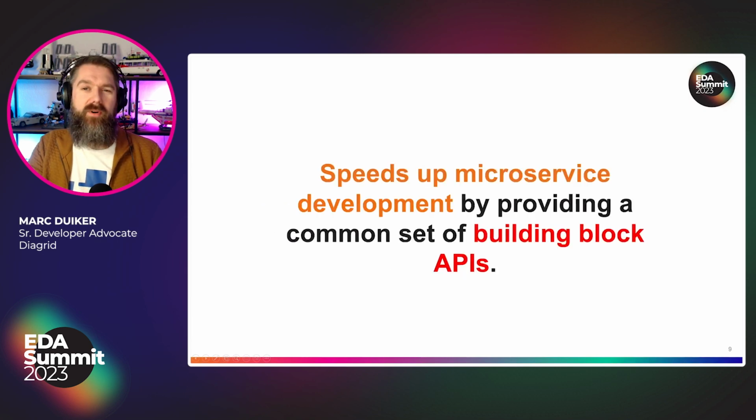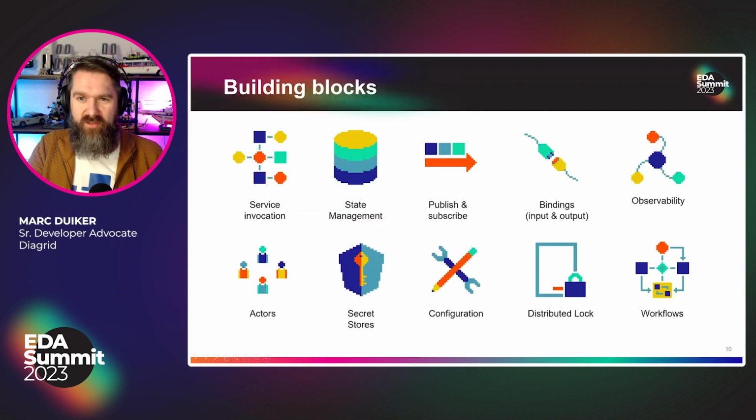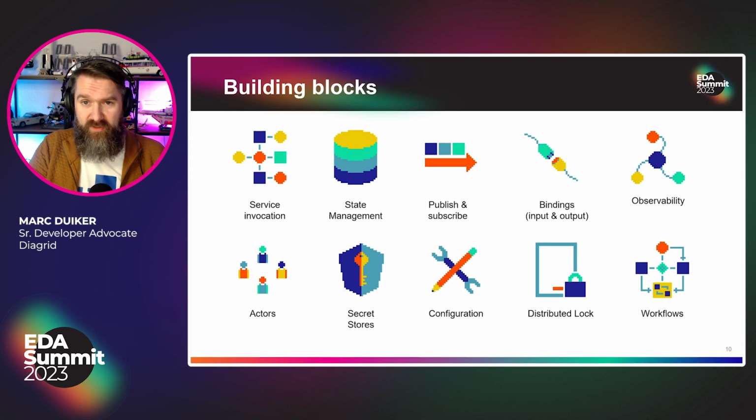What I really like about dapr is that it speeds up microservice development by providing a common set of building block APIs. And these are the building block APIs. So dapr makes it really straightforward to do service-to-service invocation, and to use key value pairs with the state management block, to do publish subscribe, to use input-output bindings. There's observability built in.